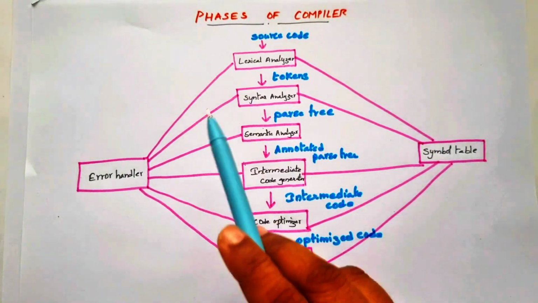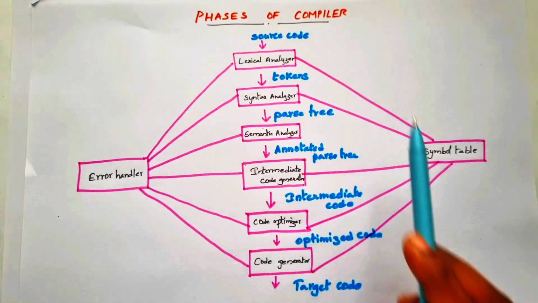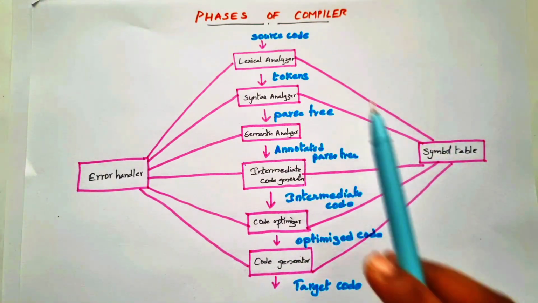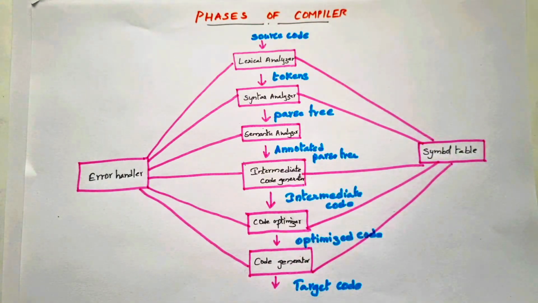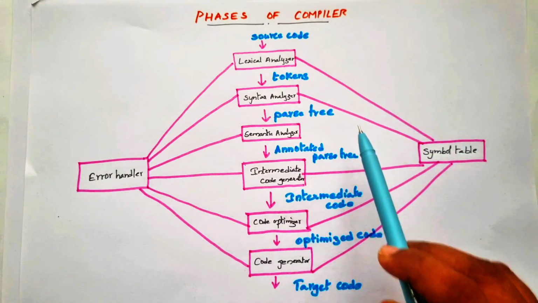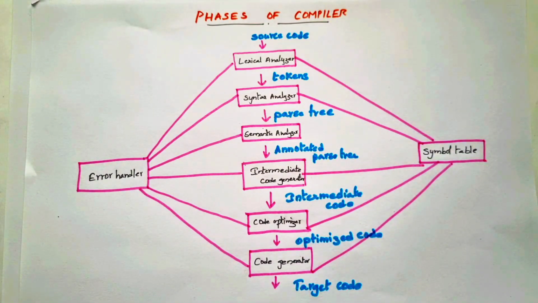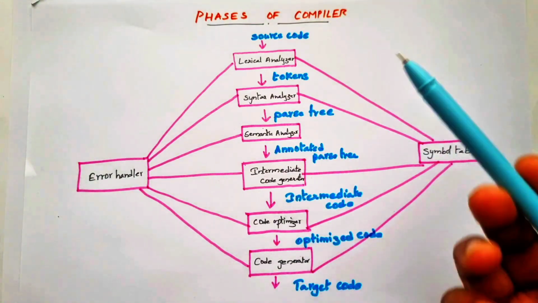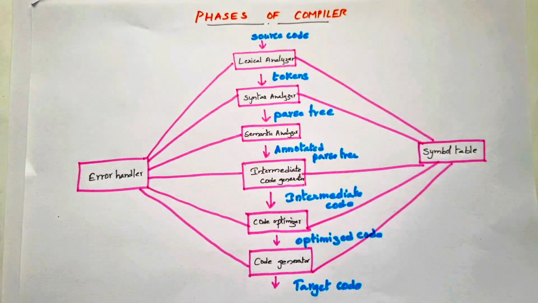Each phase will be communicating with the error handler and also the symbol table. And the first 3 phases are considered as analysis phase, and last 3 phases are considered as synthesis phase. The analysis phase is considered as front end and the synthesis phase is considered as back end.